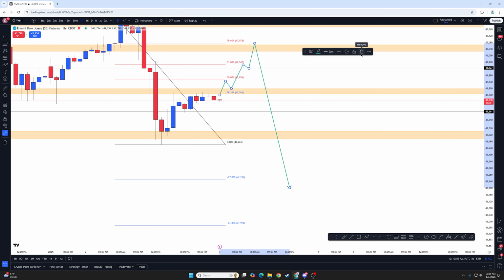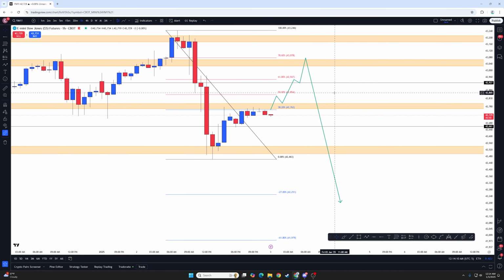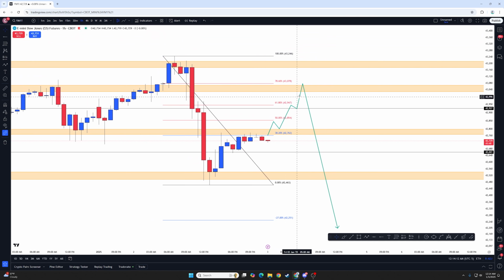I would just trail my trade, right? So if I'm 50 points in profit, I would set it at break even, or I would just trail it as it goes up, right? So this is what I'm expecting.